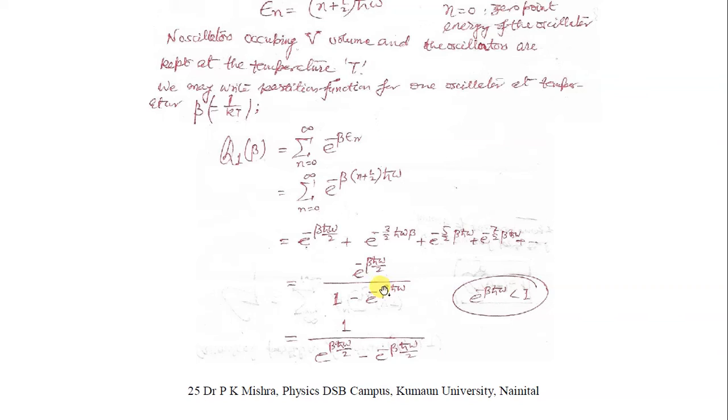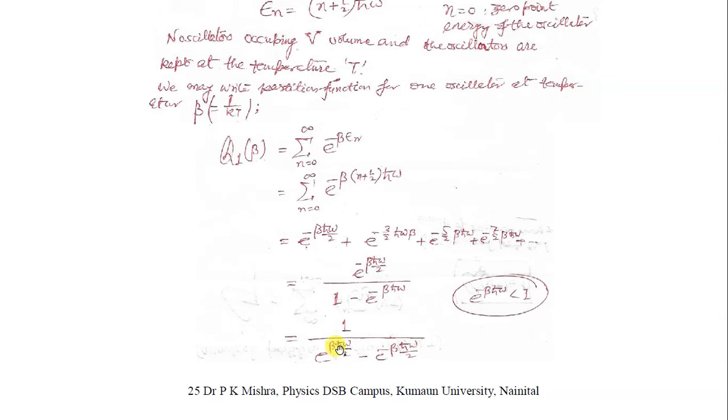That is nothing but e power minus beta half h-bar omega upon 1 minus e power minus beta h-bar omega. We can divide the numerator as well as the denominator of this single particle partition function by e power minus beta half h-bar omega. In the numerator you have 1, in the denominator you have e power beta h-bar omega upon 2 minus e power minus beta h-bar omega upon 2.